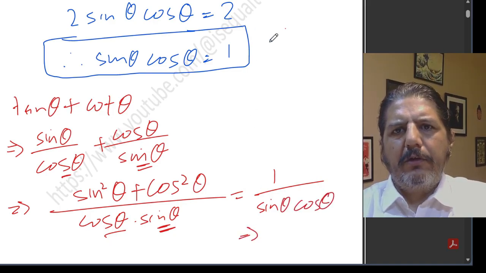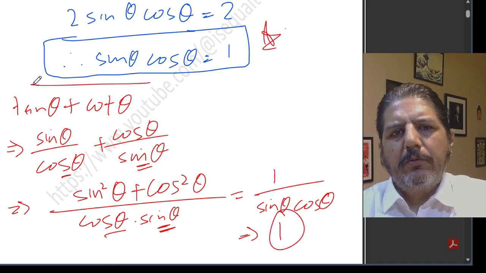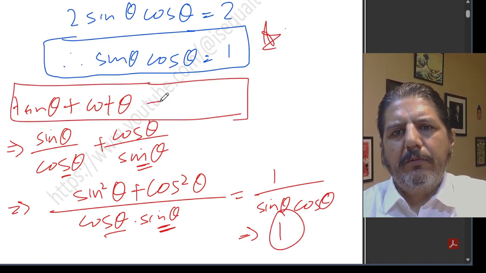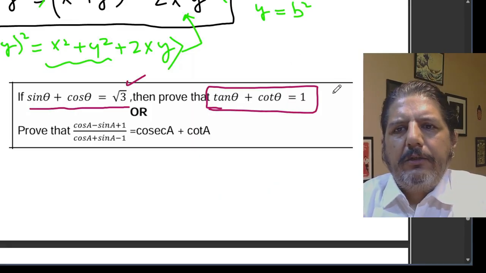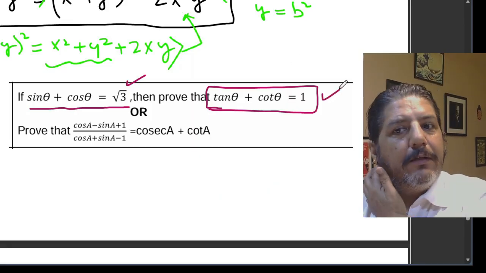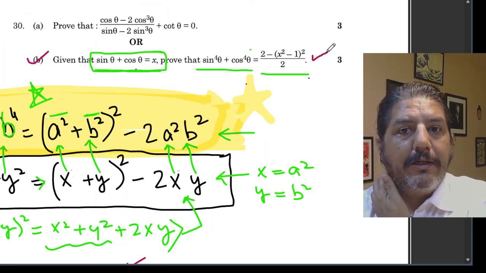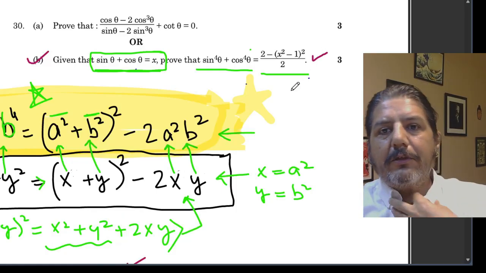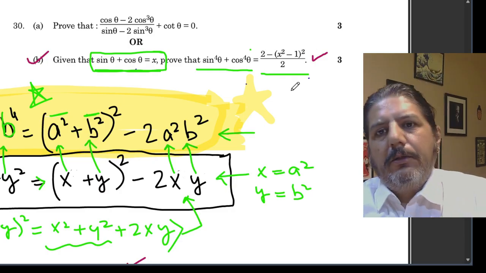And I have found the value of sin theta cos theta as 1. So this will be equal to 1. So tan theta plus cot theta equals 1. So this is how this question is done. In this question also we had done something like this. These are the questions which are very good to practice before you plan to appear for the board exams.